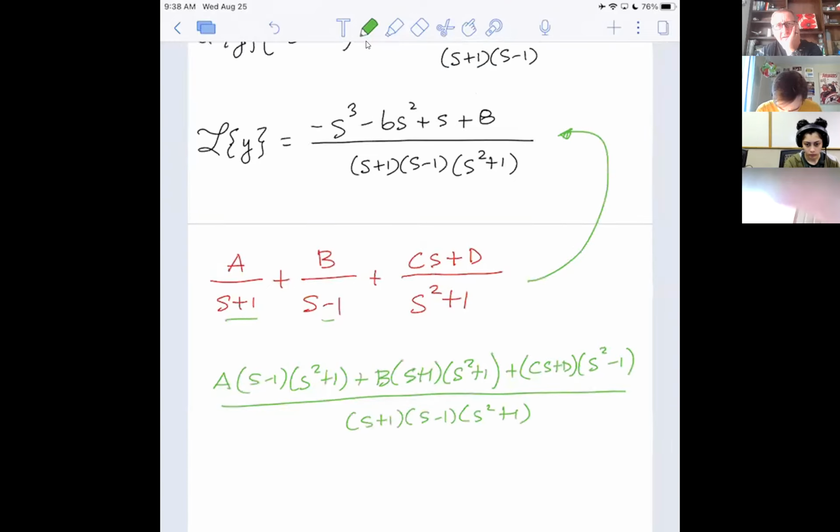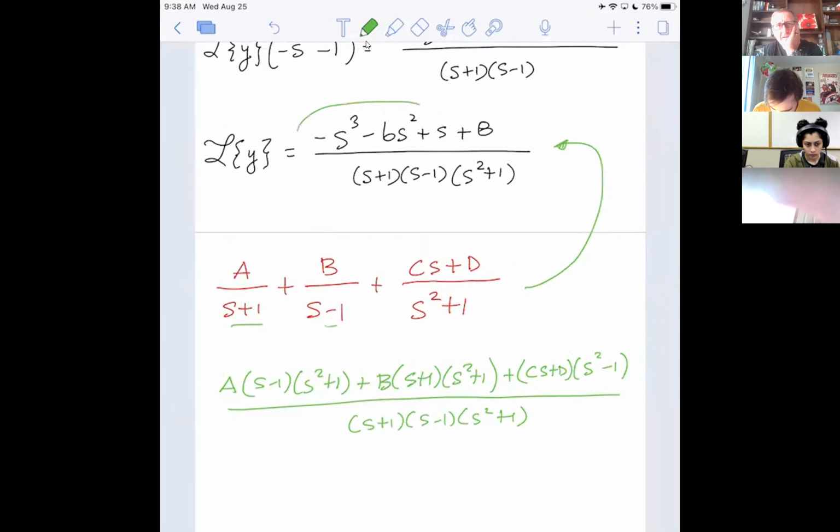So now I can multiply all this out and try to get it to equal the numerator that's up here. And so this is kind of fun. So let's see, I'm going to have, again, this is dangerous. A times s squared, that'd be As cubed. And then plus As, minus s squared, except there's an A in front of that. Minus As squared, and then minus 1, so minus A. So none of those collected together gave us 3 different terms.